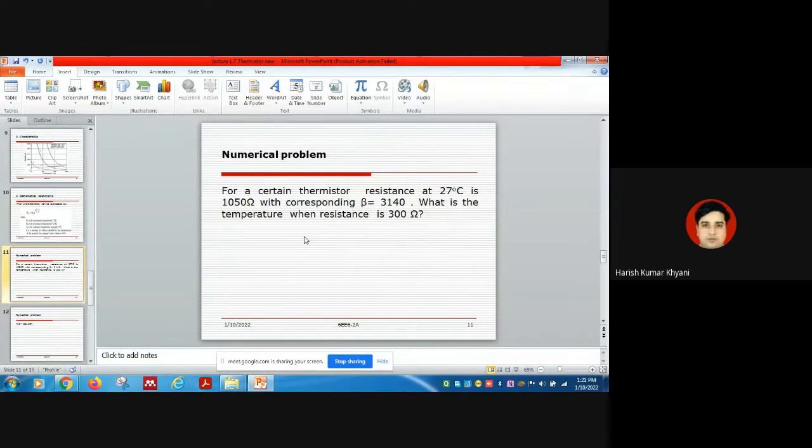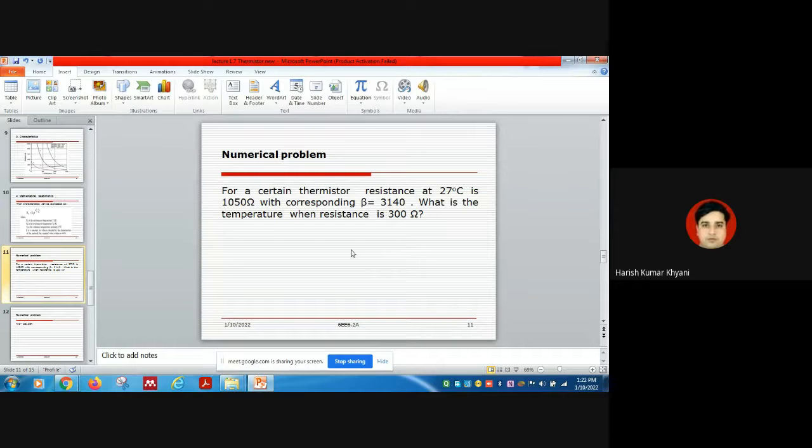So here I am giving you one problem. Please try this problem. This is just an assignment. For a certain thermistor, the resistance at 20 degrees centigrade, as I have mentioned, is your reference temperature, right? It may be 0, 20, 25, or even 30 degrees. In this case, we have given 20 degrees centigrade. Its resistance is 1050 ohm and the value of beta is given as 3140, right?